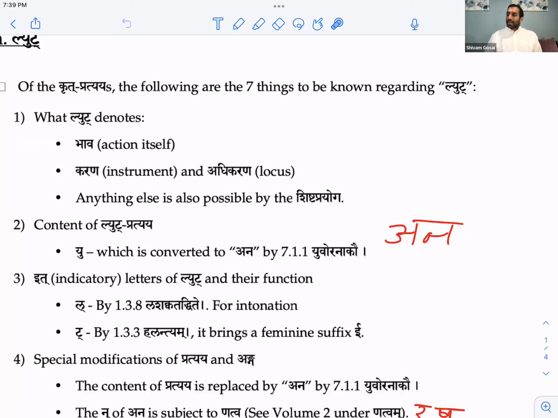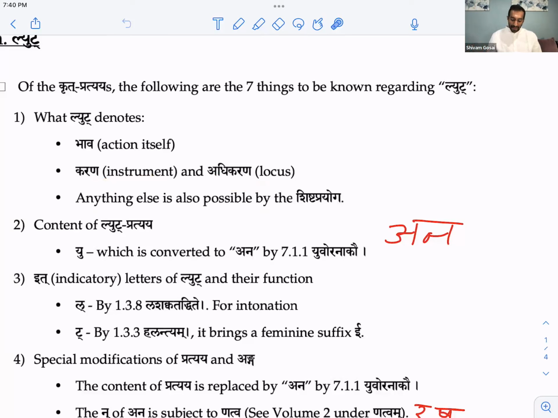But we know, we've seen when words are kartari or karmani. When a word is kartari, it refers to the agent of doing that action, or karmani, it means the object of that action. Similarly here, it can be karane, meaning the instrument of doing that action, or adhikarana, the place where that action is done.